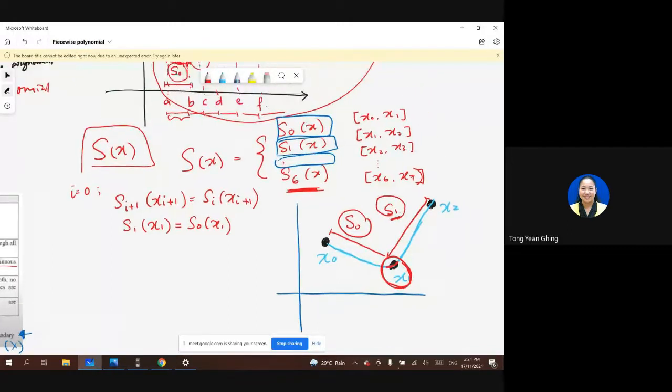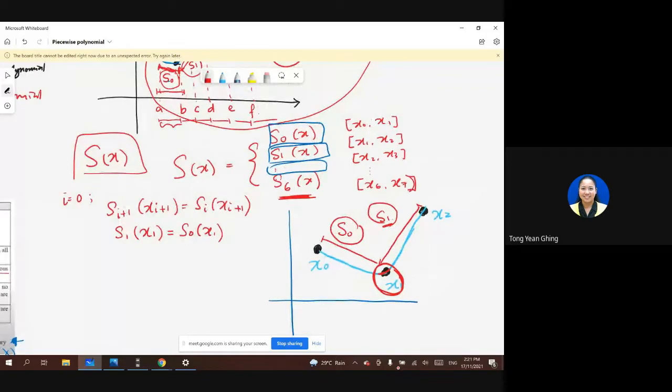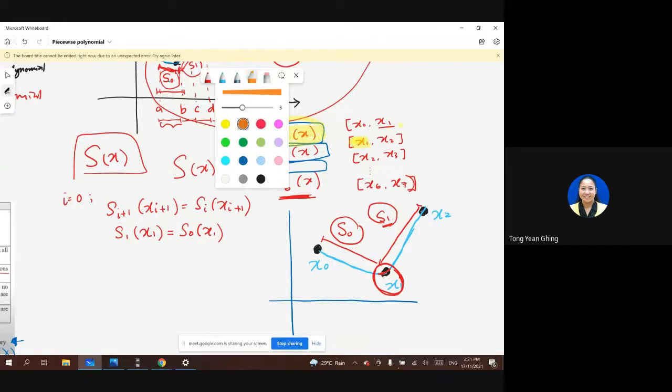If I look at this one, S1 dia akan sambung yang ni. So when I substitute the value of x1 in this S0 equation, you'll get the same answer when I substitute x1 in this equation. Okay? Boleh.